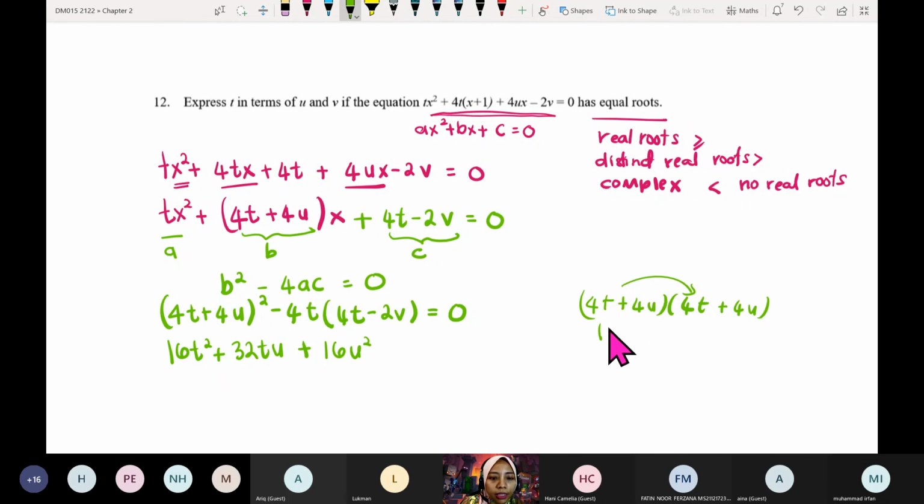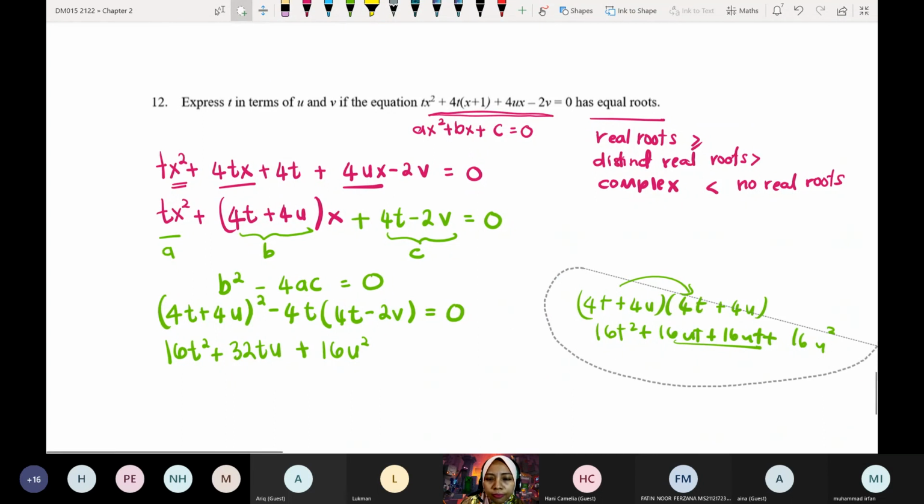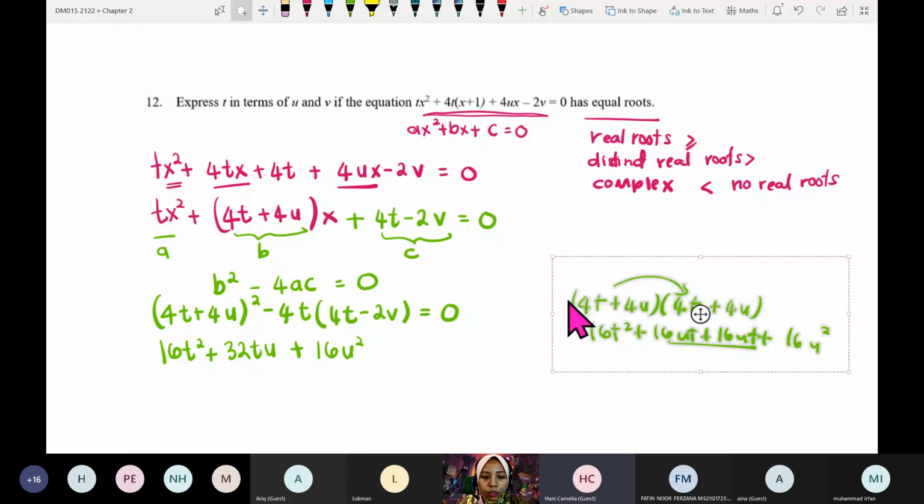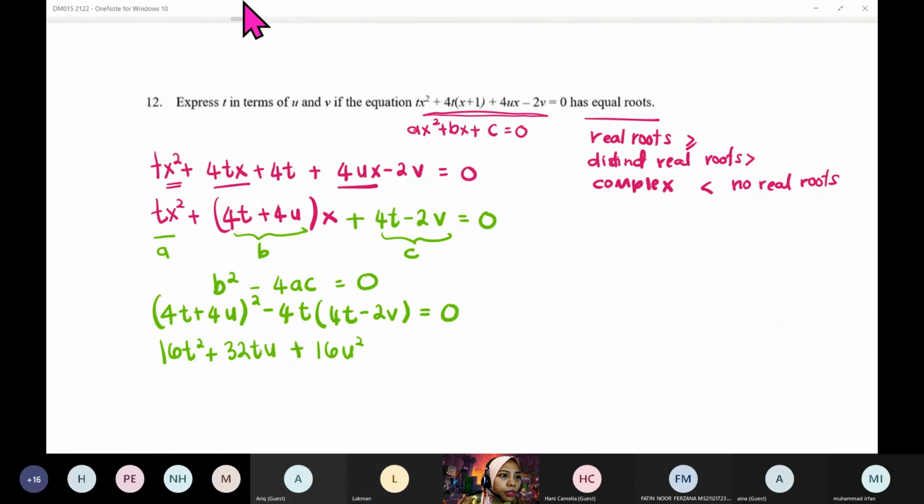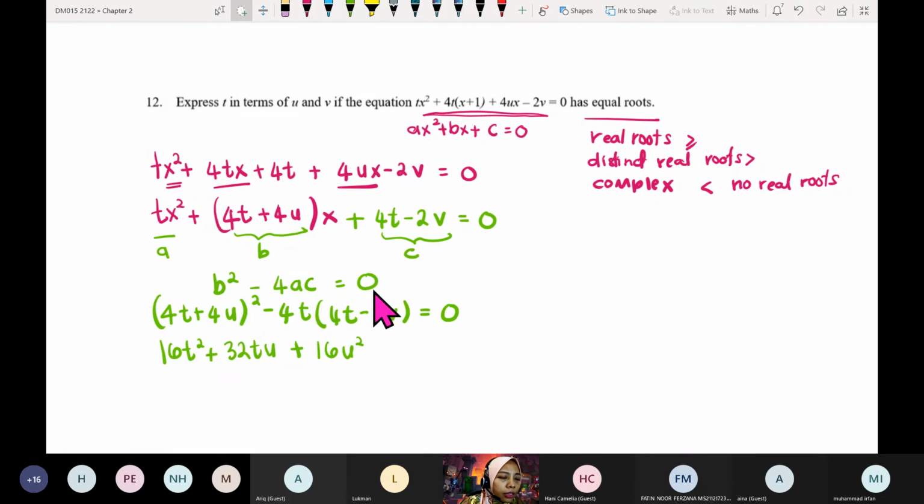So 4T square adalah 16T square plus 16UT plus 16UT plus 4 times 4, 16U square. So sama tak macam yang cikgu buat? Sama. Boleh semua? Ni kita conteng kat tepi alternatif untuk sesiapa yang kurang mahir congak macam tu.